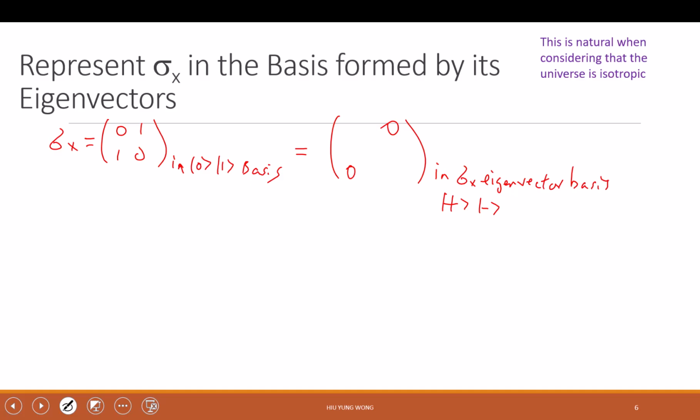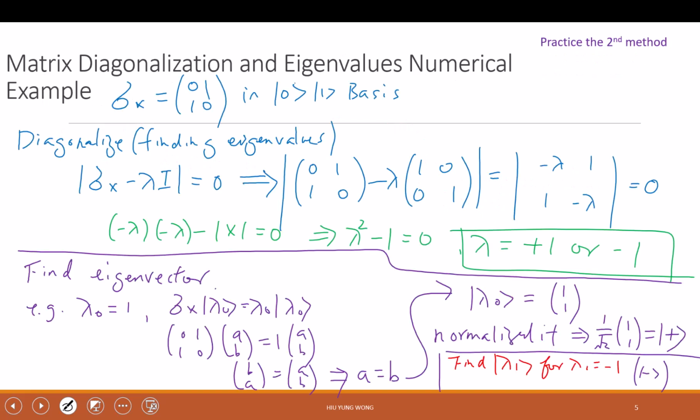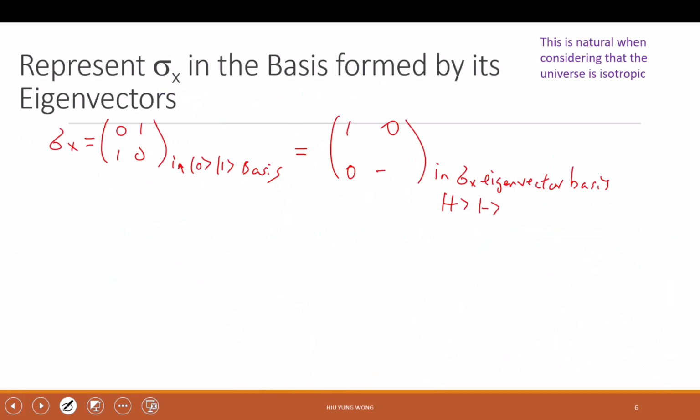And then what would be the elements along the diagonal? They are the eigenvalues. What are the eigenvalues? Plus 1 and minus 1, right? So this one looks like which matrix? Sigma z.